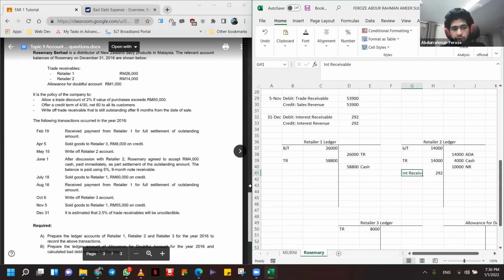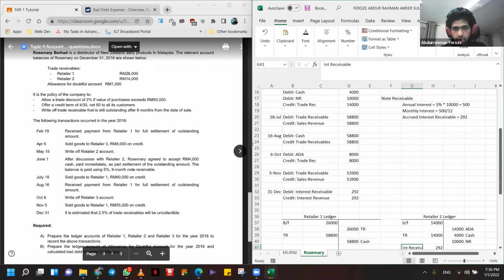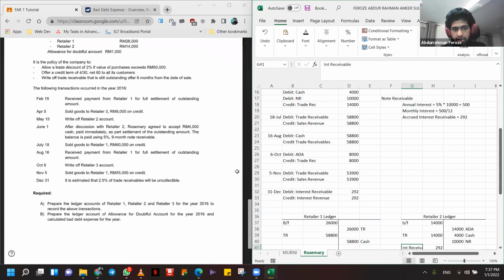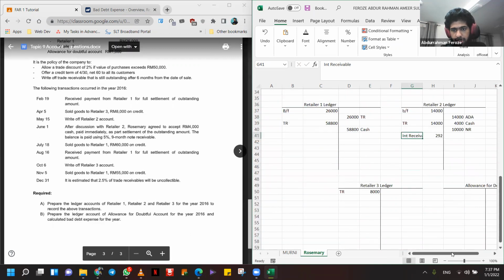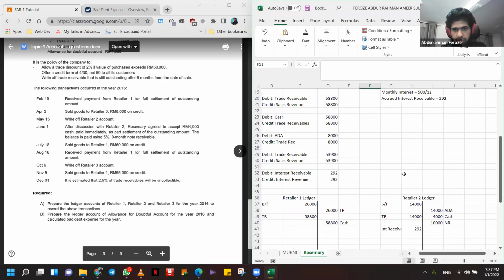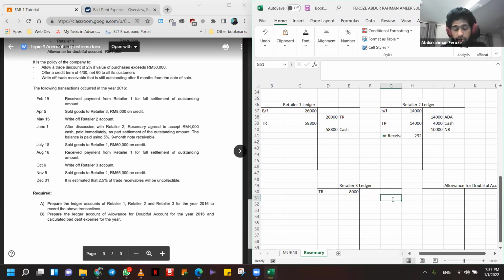Then we have dealt with this amount, and on October 6th, write off retailer 3 account. How did we write off retailer 2 account before? We debit ADA and we credit the trade receivable.